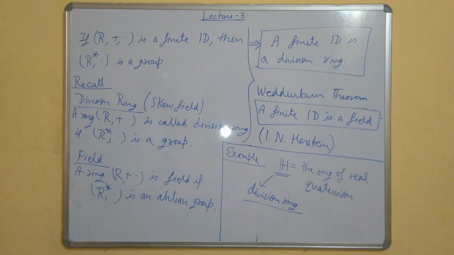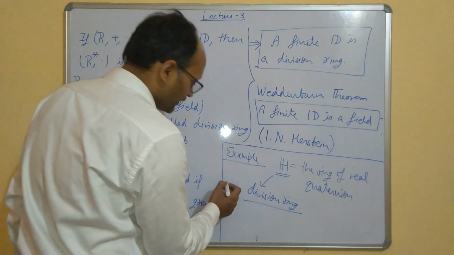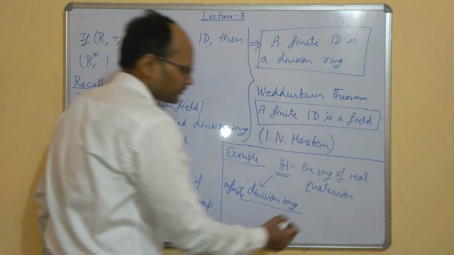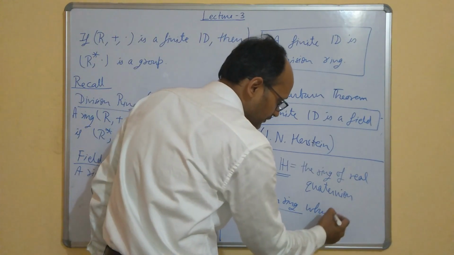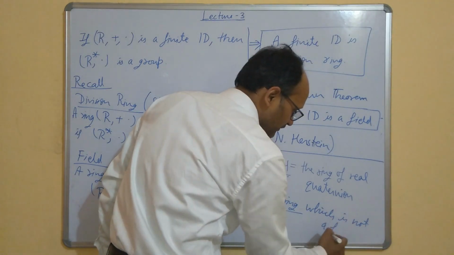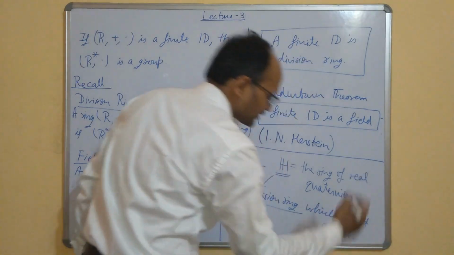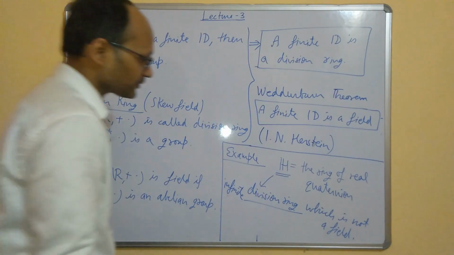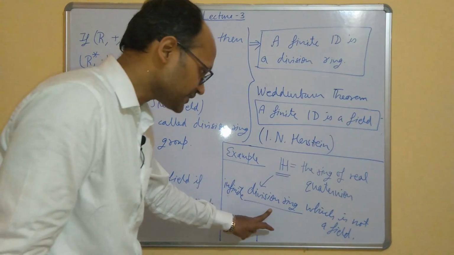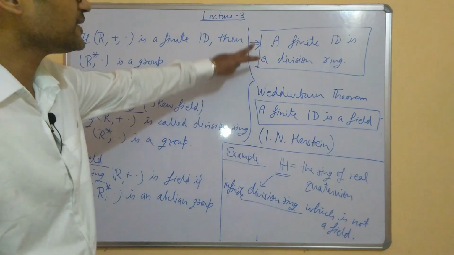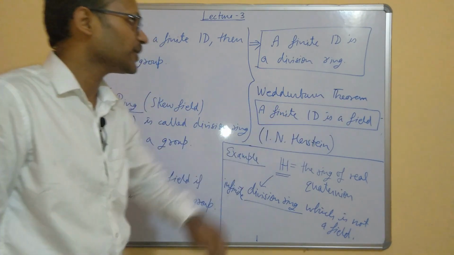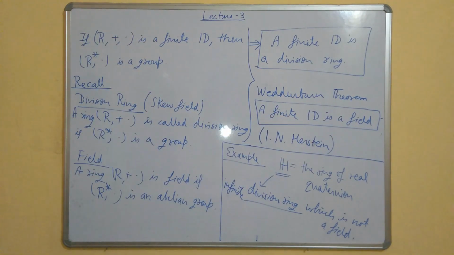So it is actually an infinite division ring which is not a field, because the operation of multiplication is not commutative. So in the infinite case there are division rings which are not fields, but in the finite case any division ring is actually a field, because any finite integral domain is a field.